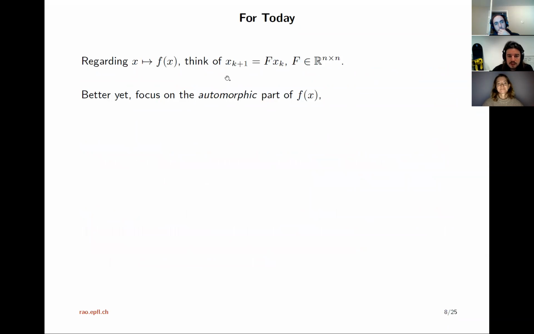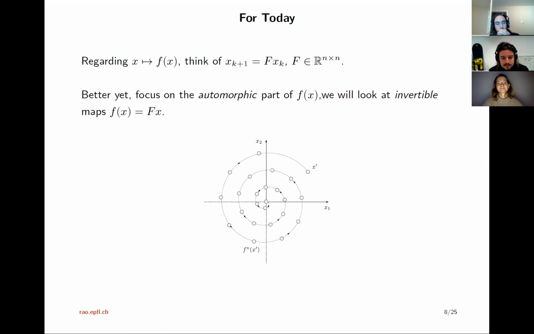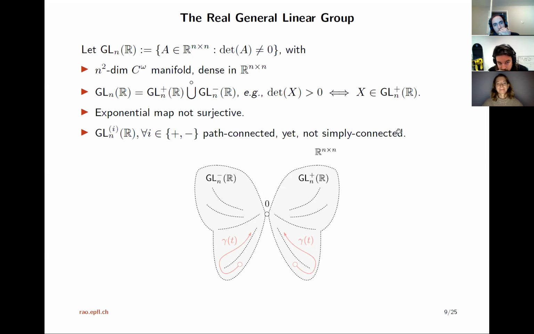So we look at a very simple setting today, just at linear maps. So this F is just a matrix F, and we want to focus on, if you want, the automorphic part, but just to keep it even simpler, we just assume that F is invertible. So you can think of these kinds of trajectories. Since we assume F to be invertible, we will look at the general linear group, and this is just to fix notation essentially.